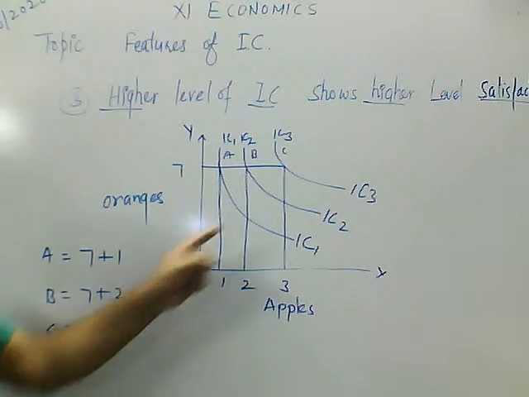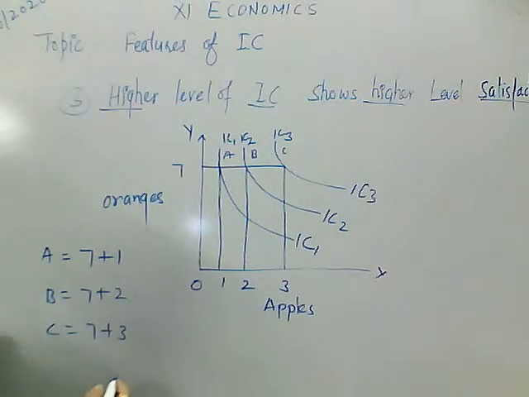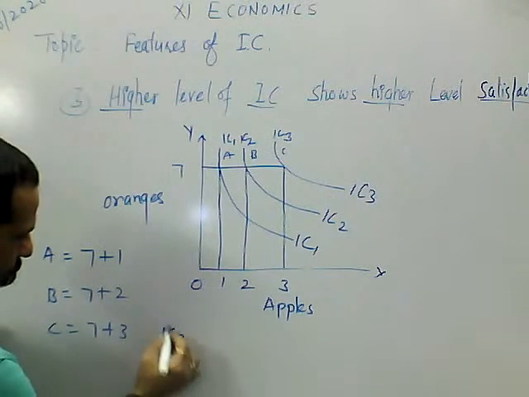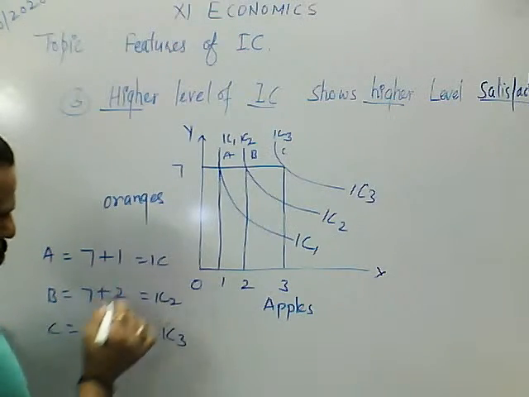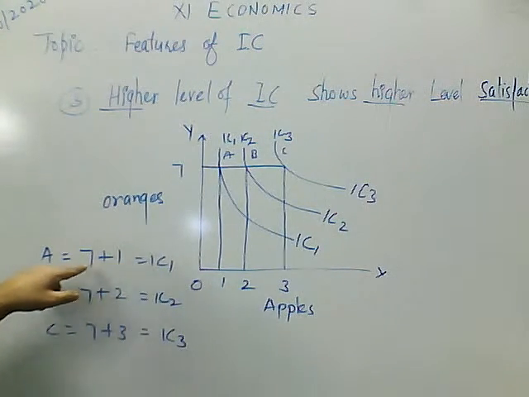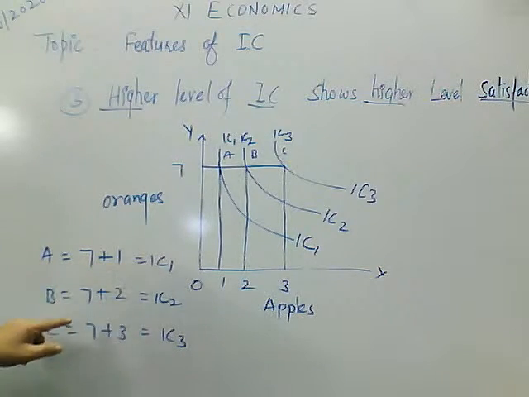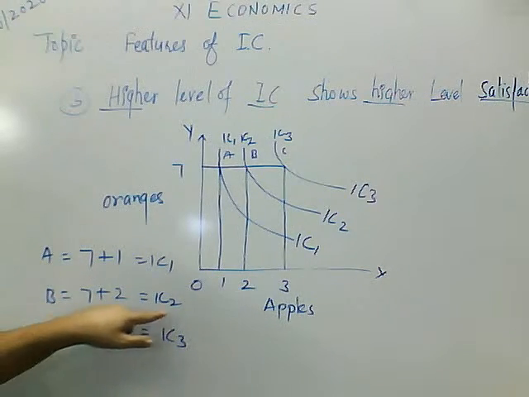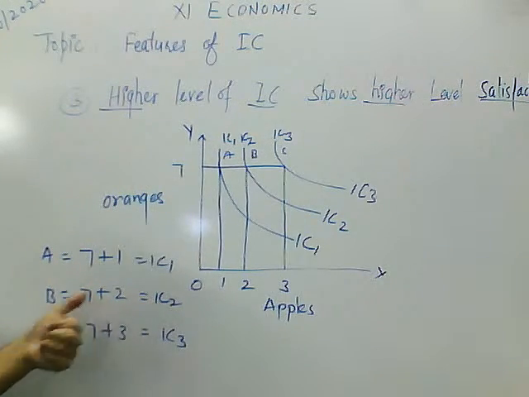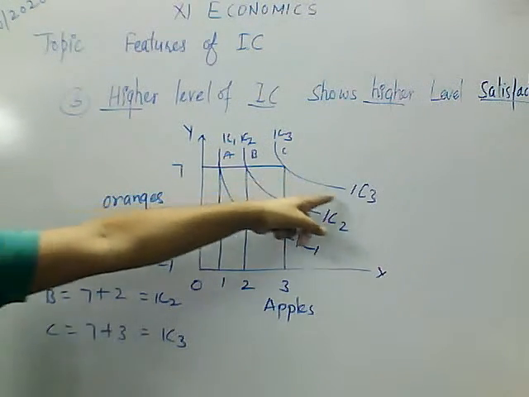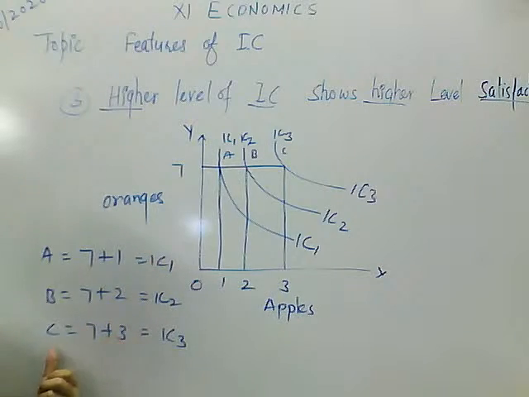So see IC3, IC2, IC1. At IC1, if you combine, you are getting 8 units of goods. IC2 at point B gives you 9 units, and point C at IC3 gives you 10 units.